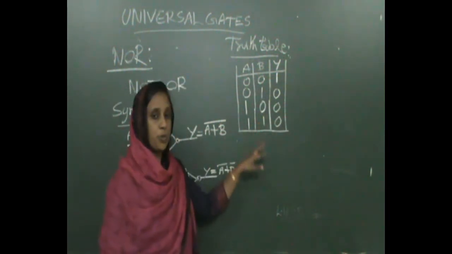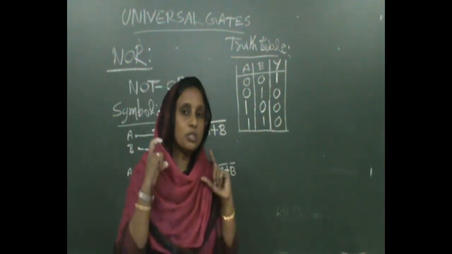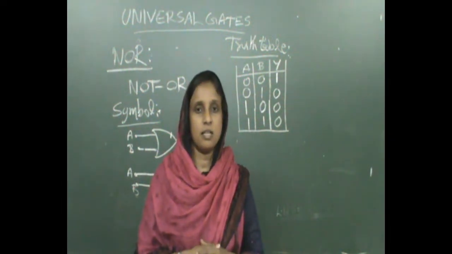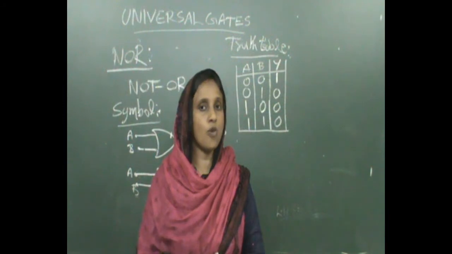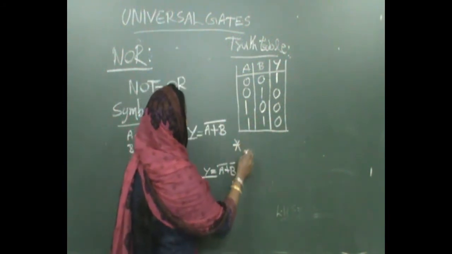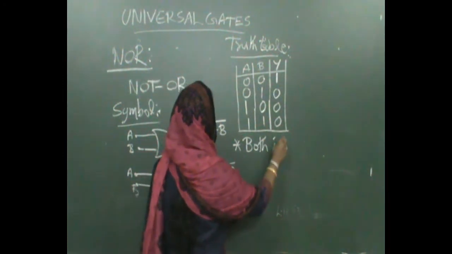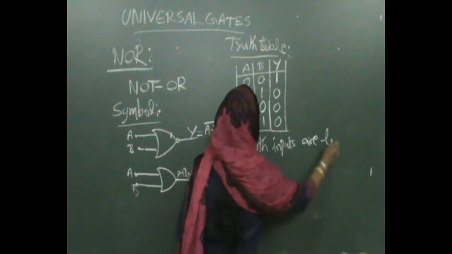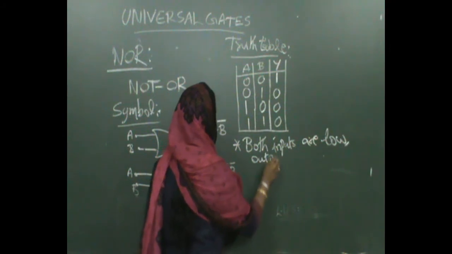So, what is the peculiarity of this NOR gate? If both inputs are low, it has high output. Otherwise, 0. That is the peculiarity of NOR gate. Both inputs are low, output is high.